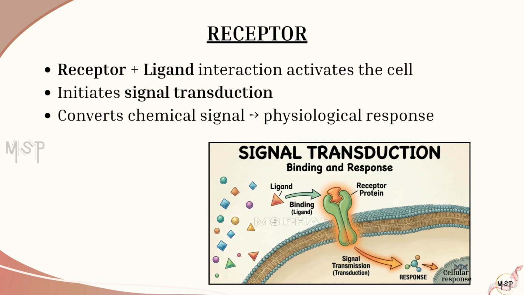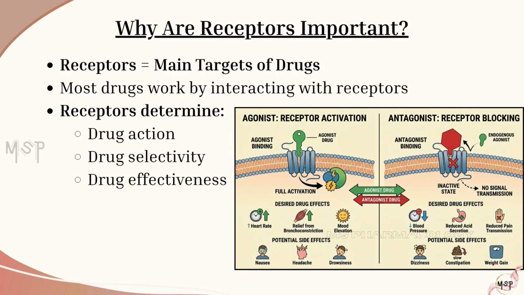Once the receptor binds to its ligand, this interaction triggers a series of events inside the cell, ultimately leading to a biological response. This process, known as signal transduction, converts an external chemical signal into a physiological effect within the body.